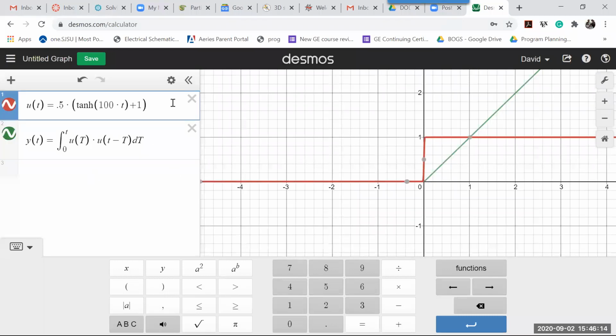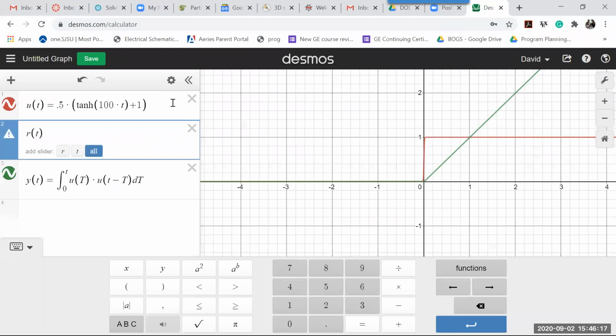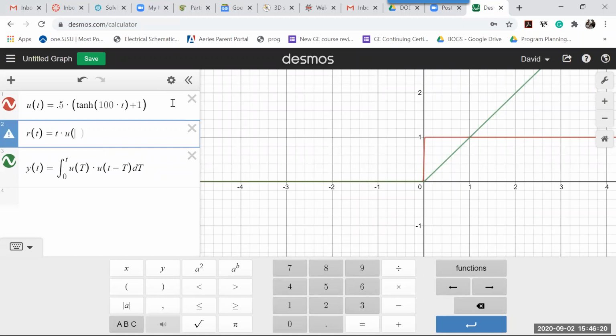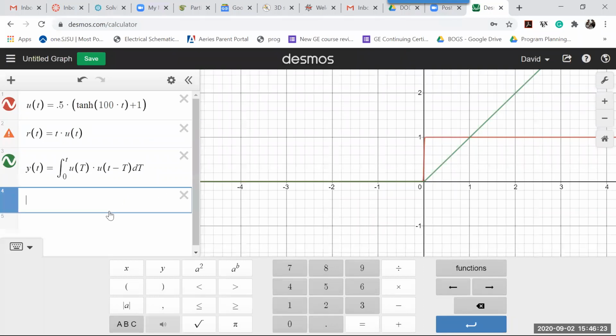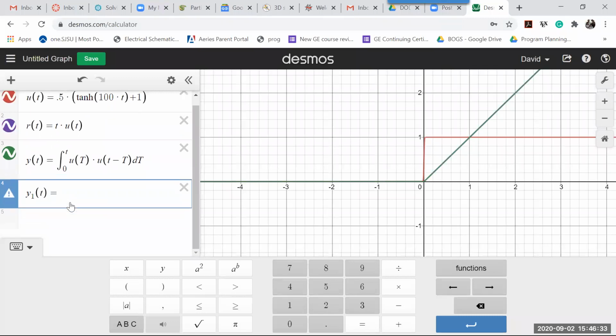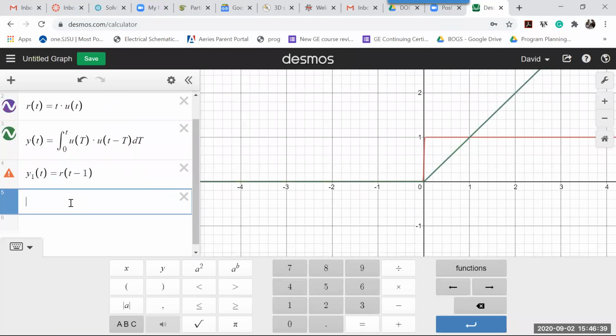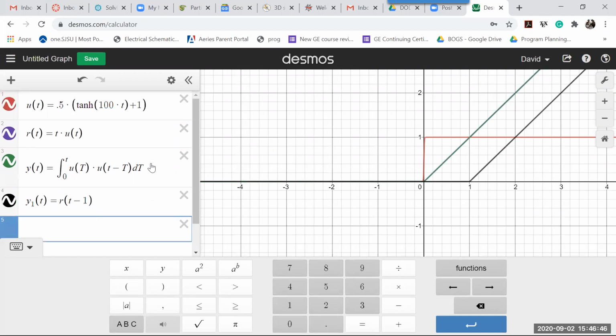I can also come up with r(t) equals t times o(t), and you can see that I delete it, and I can scale it and things like that. Now, of course, that's a great way to check your work.